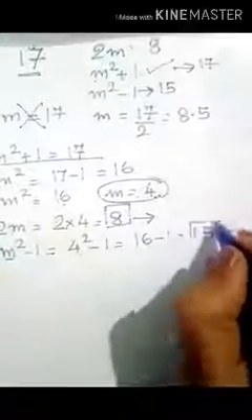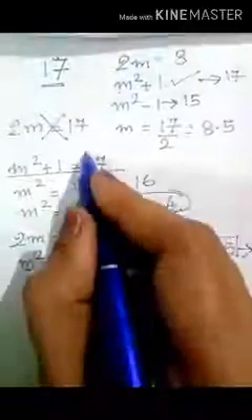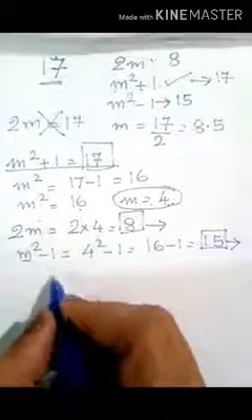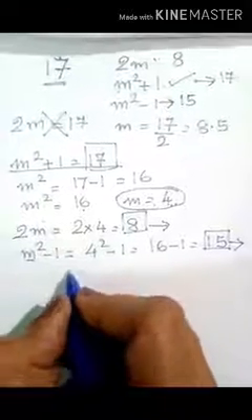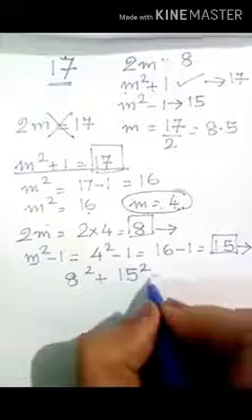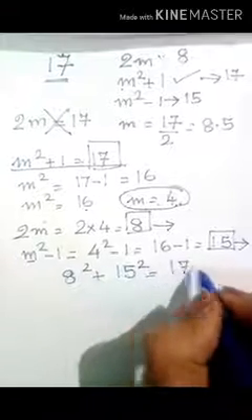So which are the three numbers that I got? One number is 8, one number is 15, and the biggest number, the given number, was 17. So always in increasing order, I put 8 square plus 15 square equals 17 square.